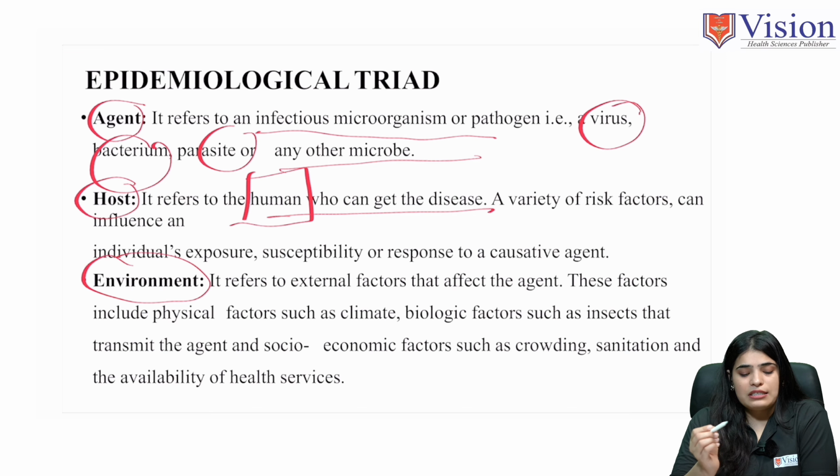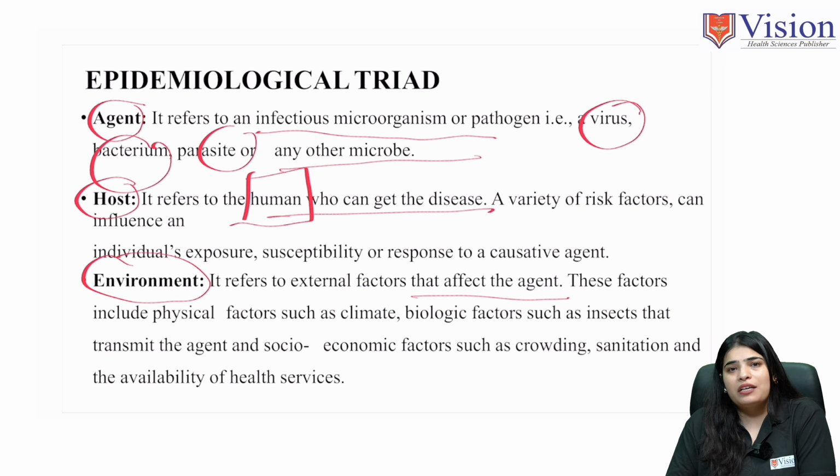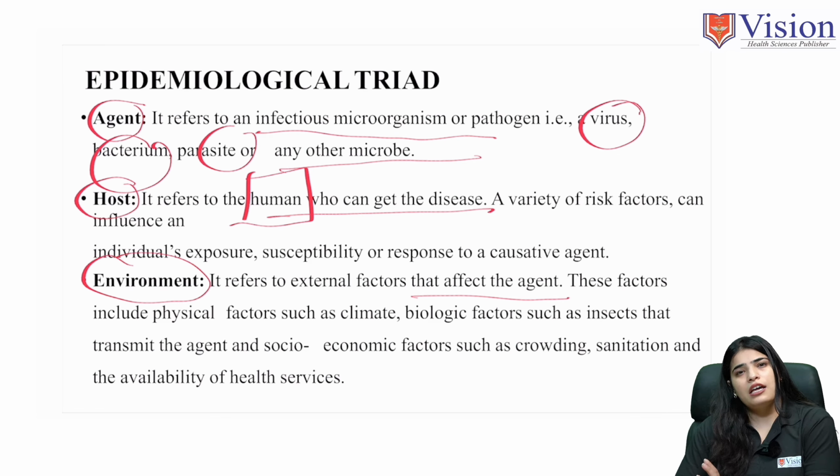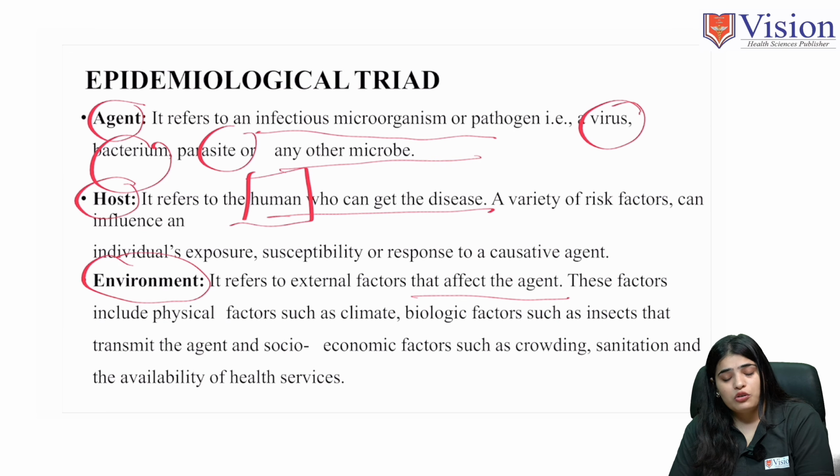So, the third concept here is environment. It refers to the external factors that affect the agent. So we do have bacteria, viruses, parasites. We do have the host, that is the human being. Now the environment. There are so many factors in our environment which cause the agent to enter the human body.